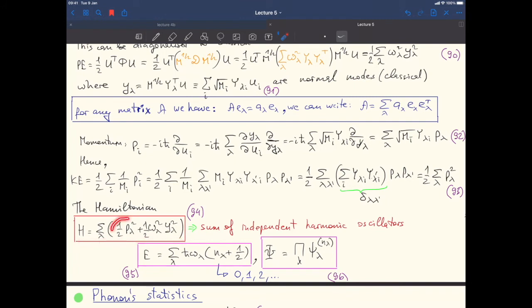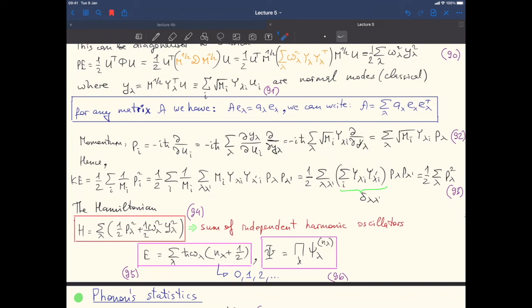And if you look at this particular expression here, you will notice that this is nothing but the energy, or Hamiltonian, of a single harmonic oscillator with a unit mass. So our Hamiltonian of the whole system of vibrating atoms in the harmonic approximation has been shown here to be rewritable as a sum of independent harmonic oscillators.